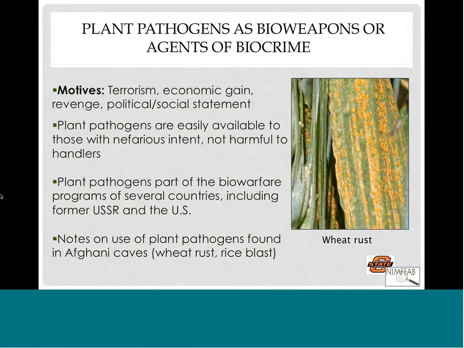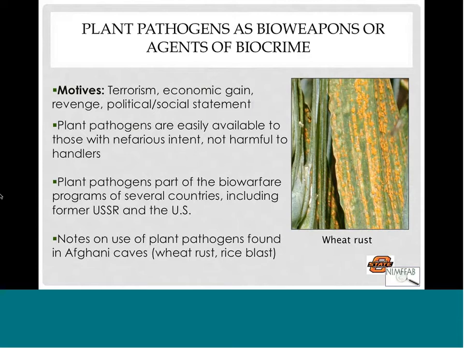Plant pathogens have been considered by a number of programs for their potential to be used as bioweapons or agents of biocrime. The motives are as varied as they are with any biological threat agent.